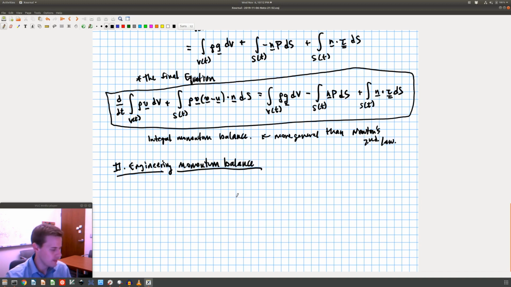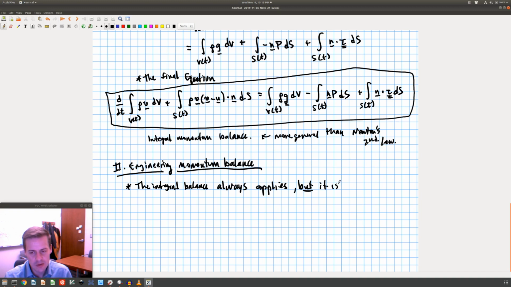All right, section 2. Just like the case with the mass balance, this general integral balance is not super useful. It's complicated. It's very general, it applies in all cases, but not very useful. So I'll write that: the integral balance always applies, but it isn't very useful.